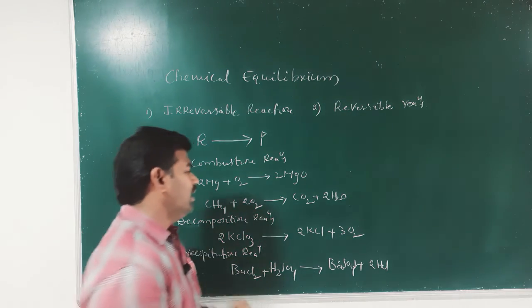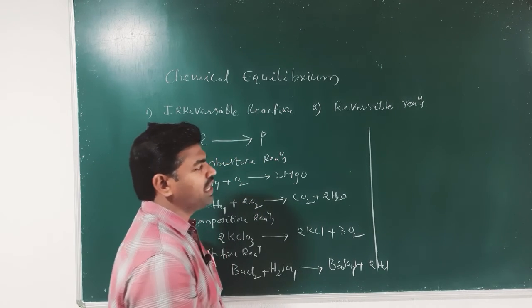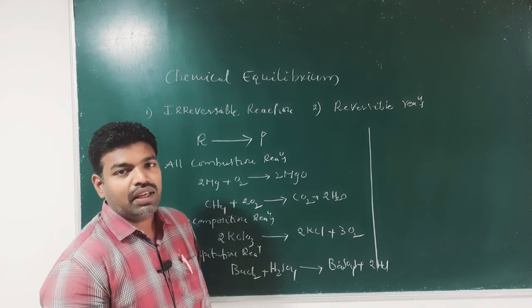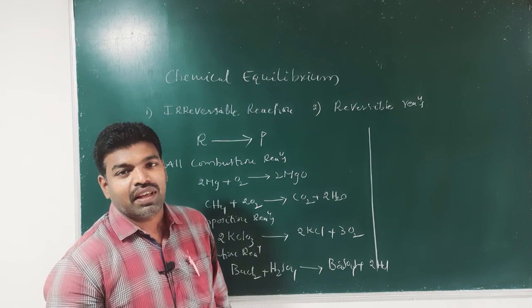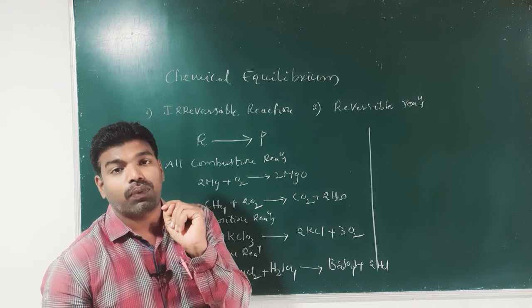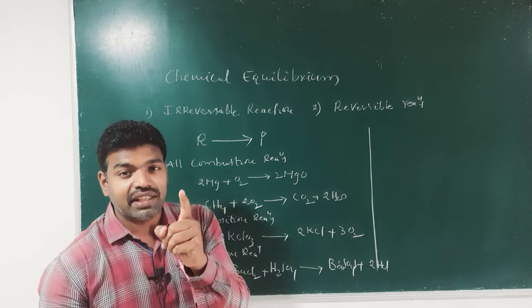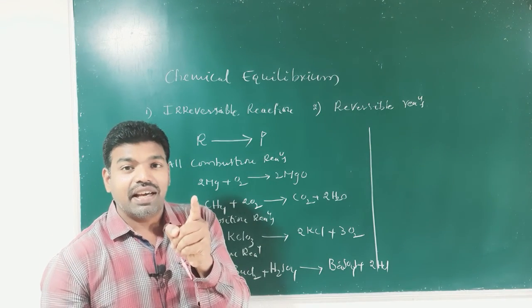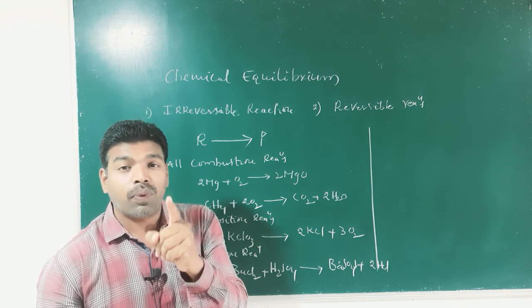Now, let us learn about reversible reactions. Reversible reactions are the reactions in which reactants are not completely converted into products. I repeat, reversible reactions are the reactions in which reactants are not completely converted into products.